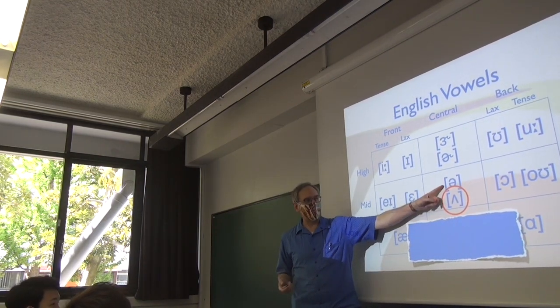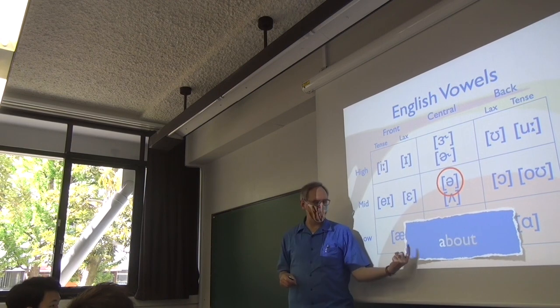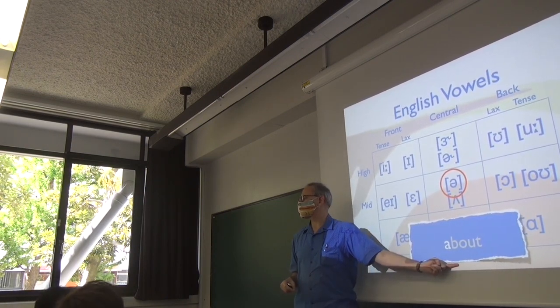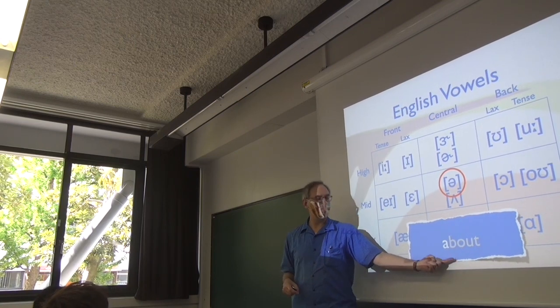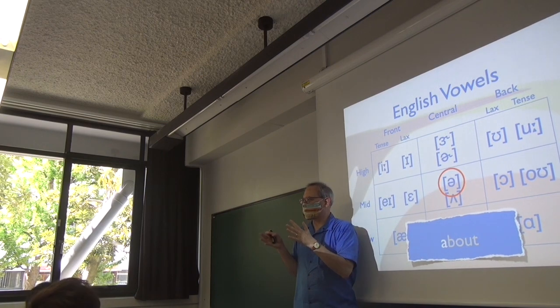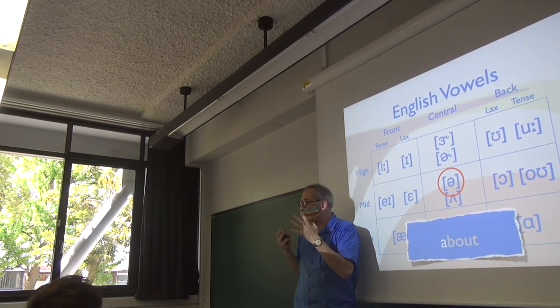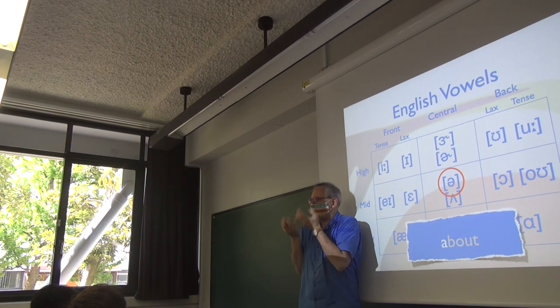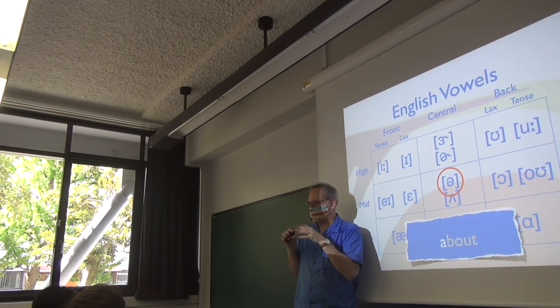Okay. The unstressed vowel is the first sound in the word about. So it's weaker, it's shorter in duration, it's faster, and it has less energy, less volume.